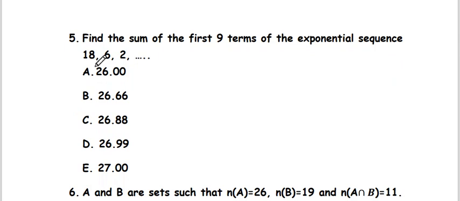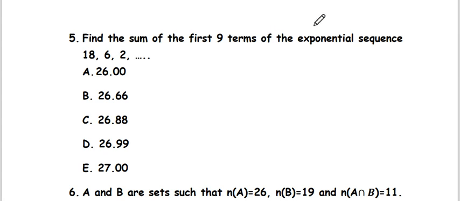And for the fifth question, it says find the sum of the first 9 terms of the exponential sequence 18, 6 and 2. The exponential sequence is the same as geometric progression.